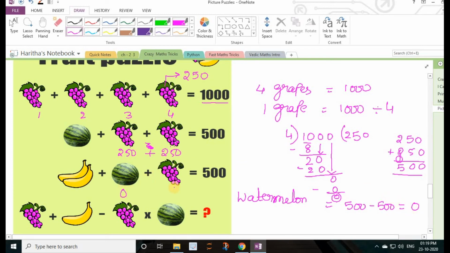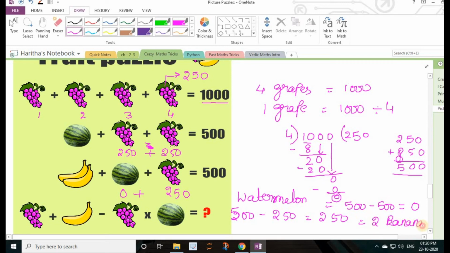So watermelon is 0, grapes is 250 and this banana, we should find. Now what will happen? 0 plus 250 is 250. This 250 will go to the opposite side. What will happen? 500 minus 250. So what is your answer? 250, right? So 2 bananas is 250. Then what is the value of 1 banana?